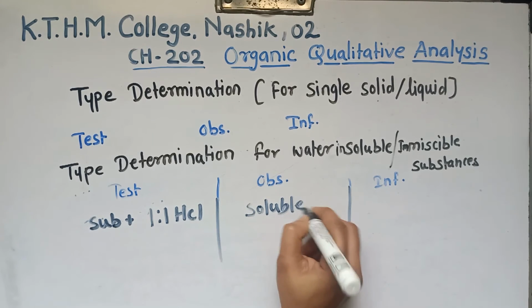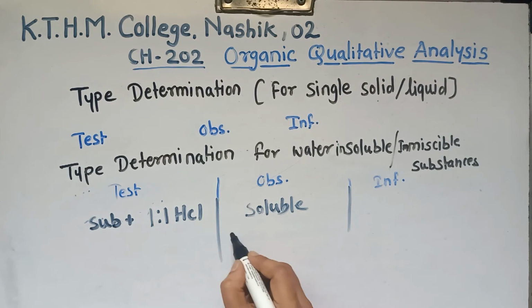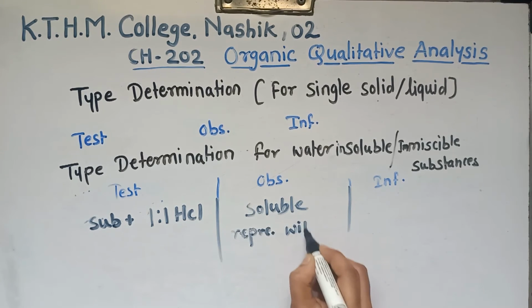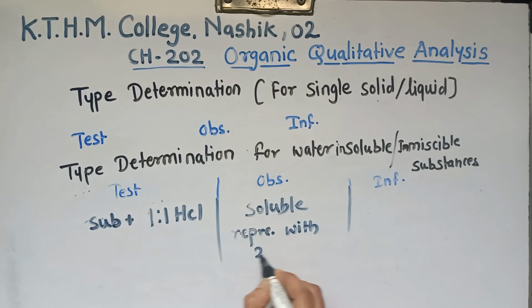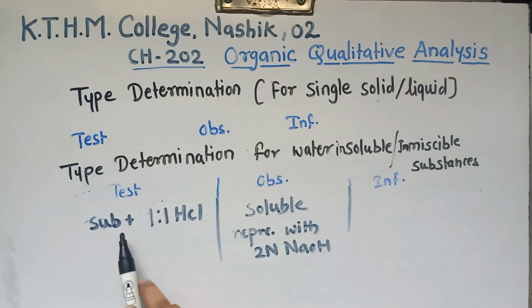It is soluble and reprecipitated with 2 normal NaOH. When we add 1:1 HCl, 1:1 HCl means one part of HCl and one part of water.